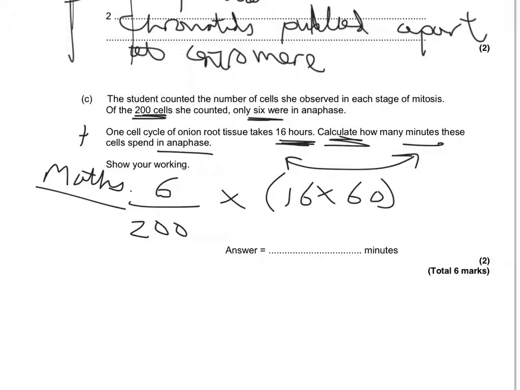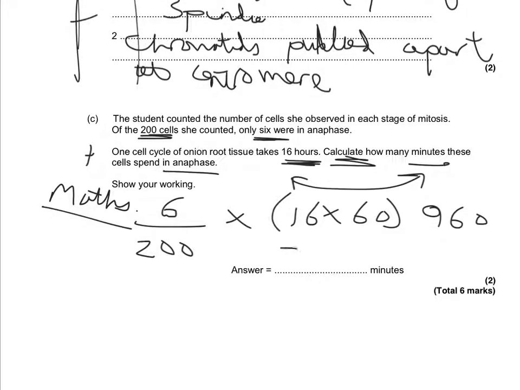If you can hear, I'm trying it myself, and I've got the wrong answer. I see what I've done. I actually pressed the wrong button on my calculator. So 6 divided by 200 gives me 0.03, times that by 960 minutes, and that gives me 28.8 minutes, or you can round it up to 29. That's fine. So you get 2 marks for that. So some basic math skills there.